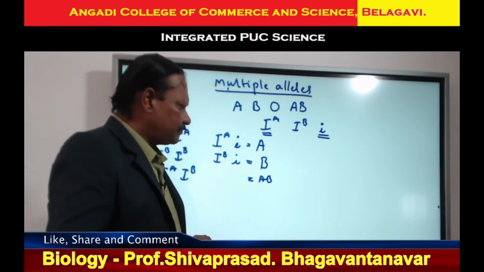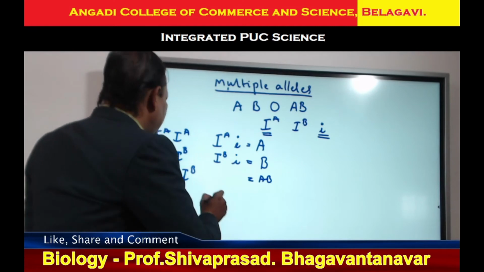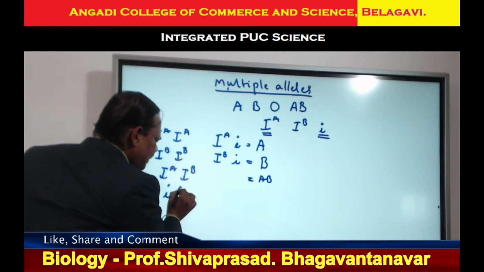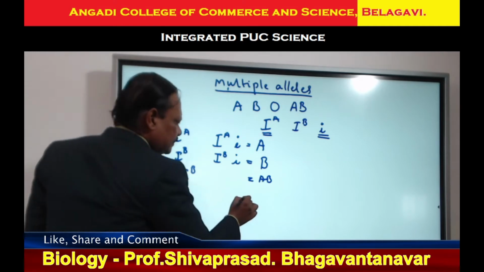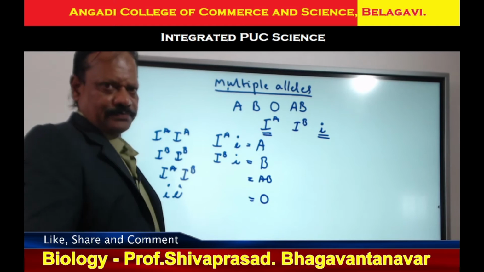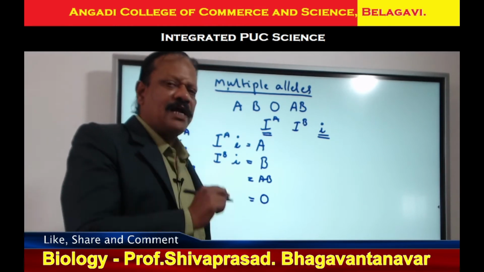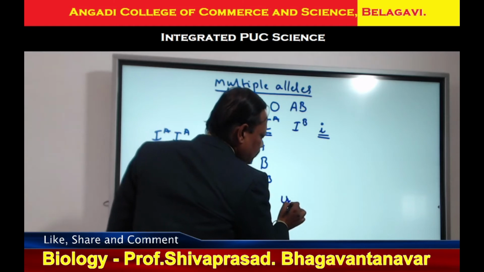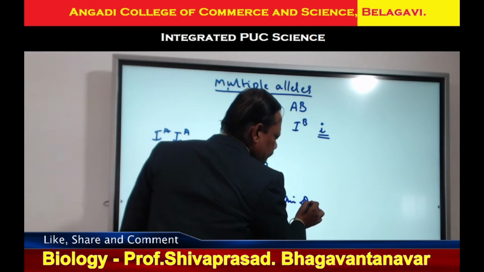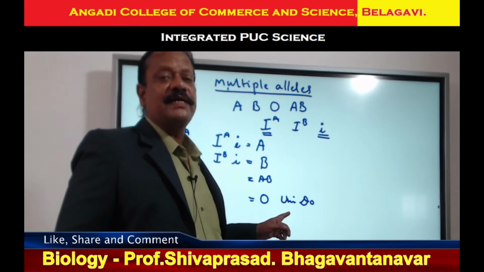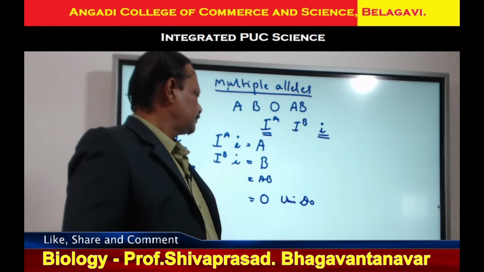Now finally, if it is small i and small i, then we are considering the blood group as O. O blood group is considered a universal donor.